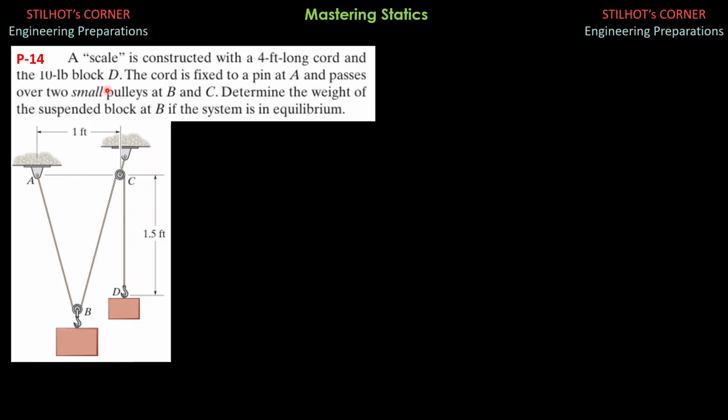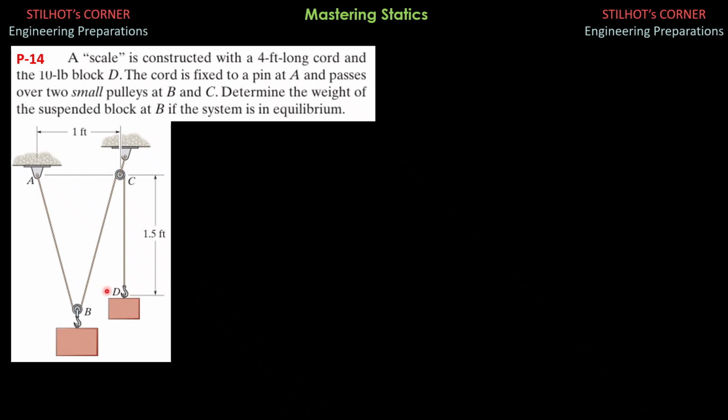Problem 14, a scale is constructed with a 4-foot long cord and a 10-pound block D. The cord is fixed to a pin at A and passes over two small pulleys B and C. Determine the weight of the suspended block at B if the system is in equilibrium.